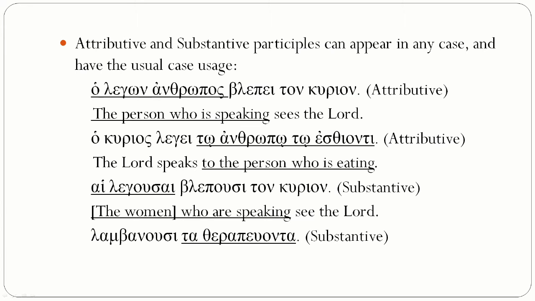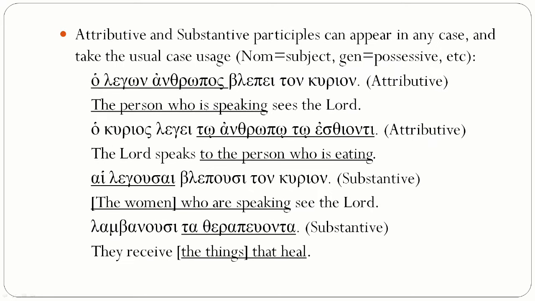So how are we going to translate this? Well, the fact that it is neuter actually adds a complexity here. Ta therapiuanta could be a nominative. Therefore, it could be the subject of lambanusi. Or it could also be an accusative, which would make it the object of lambanusi.